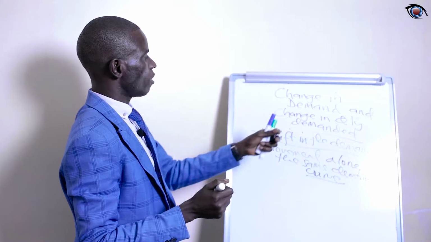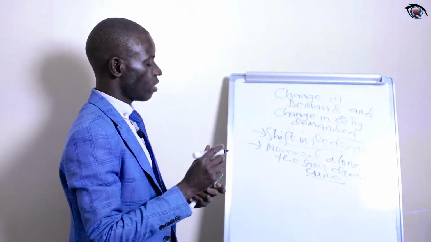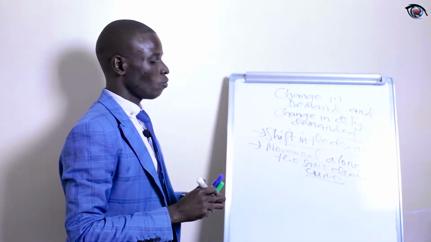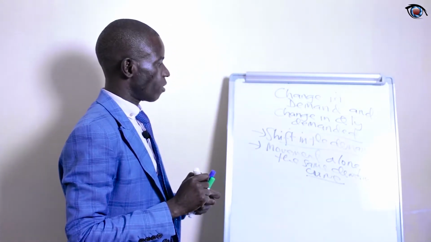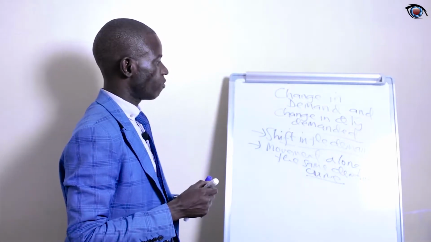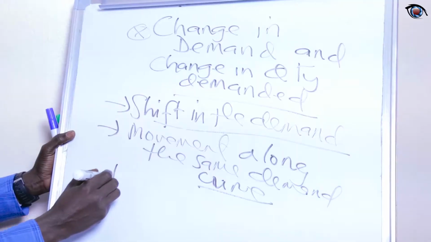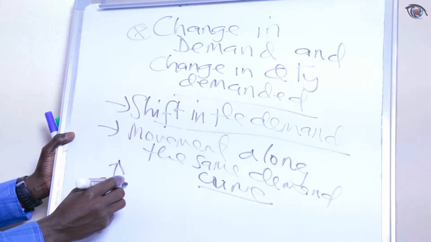So when we say change in demand, this is an increase or decrease in demand due to other factors that affect the demand for the commodity other than the price of the commodity.